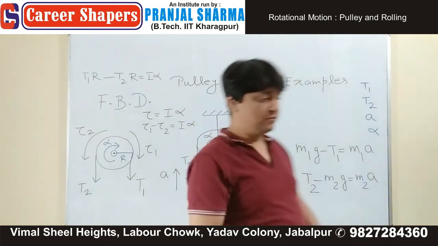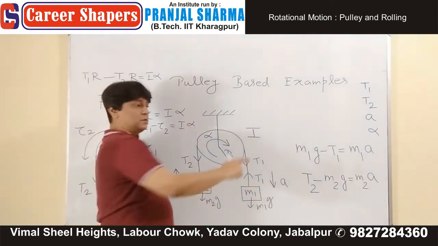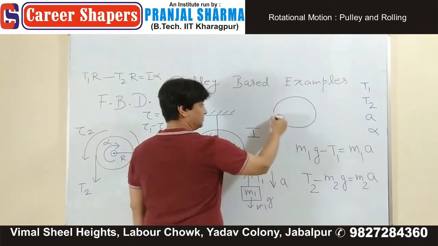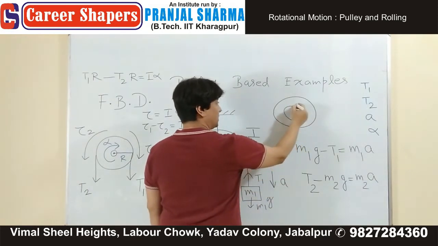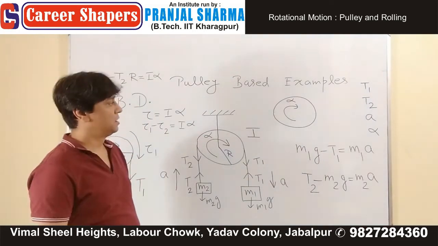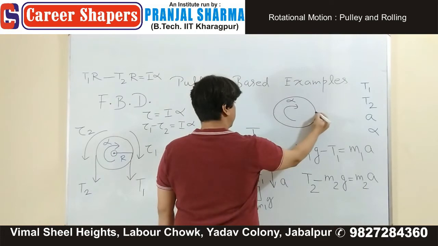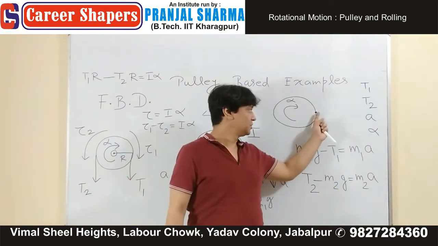How do we find the fourth equation? This is the pulley which is rotating with angular acceleration alpha. Who can tell me what is the tangential acceleration of this point?